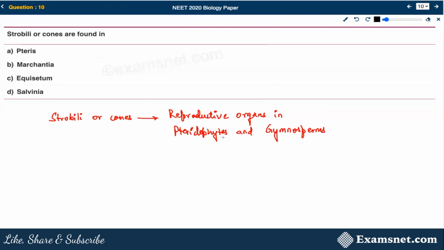All right. Now, since these strobili and cones are not found in all categories, but yes, we can say they are actually found in some of the selective categories. So the options given are Pteris, Marchantia, Equisetum, and Salvinia. So out of all these options, the correct option will be Equisetum.